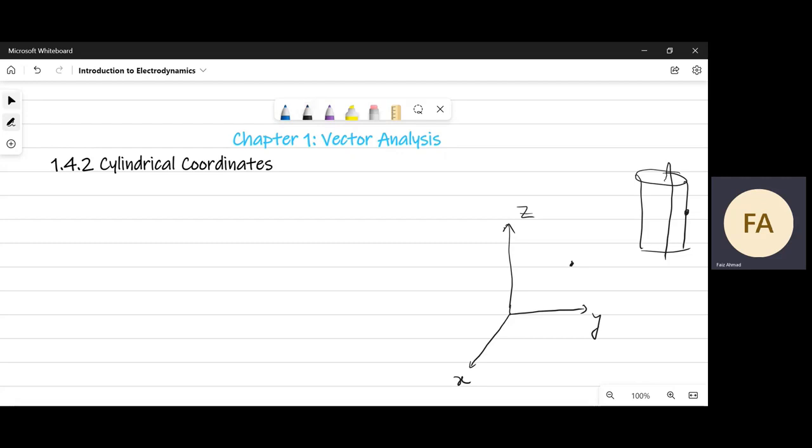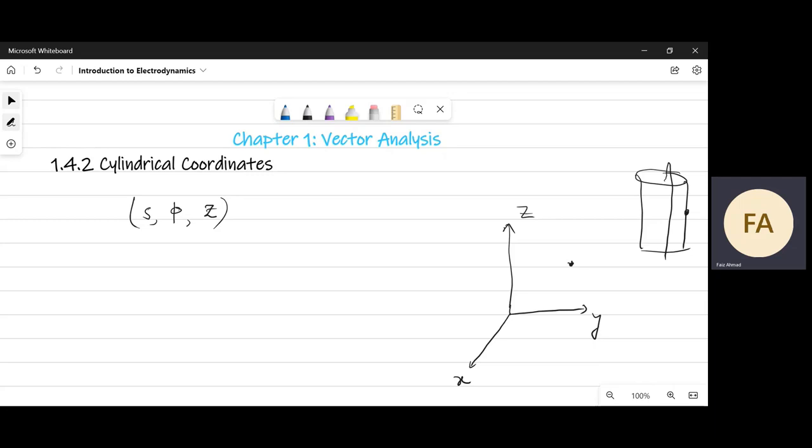In Cartesian, we know the point is x, y, z, but in cylindrical coordinates, we use s, phi, and z. So z is the same as we have in the Cartesian coordinate.